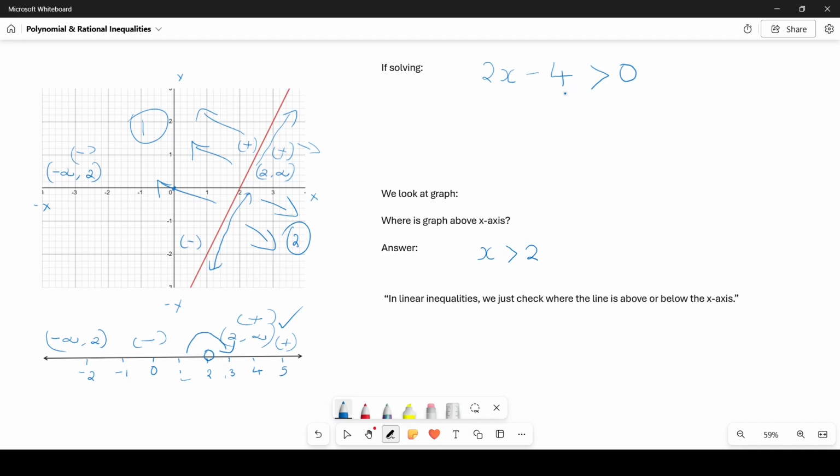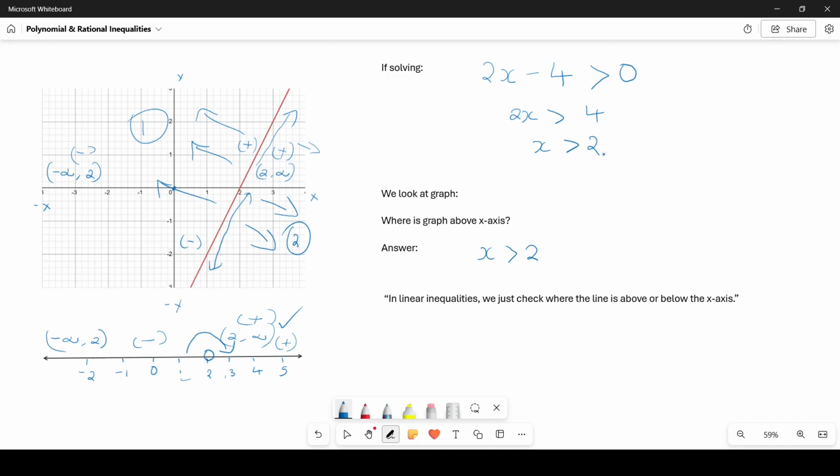We can find the same thing using an algebraic technique also. 2x greater than 4, then x greater than 2. So all the values above 2 make the entire expression positive, that means above 0.